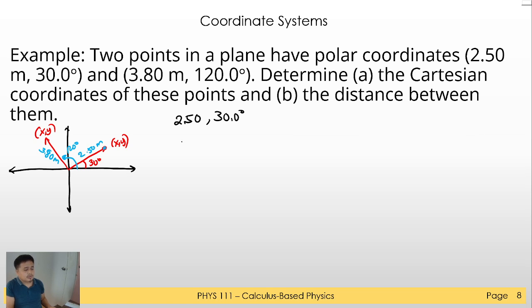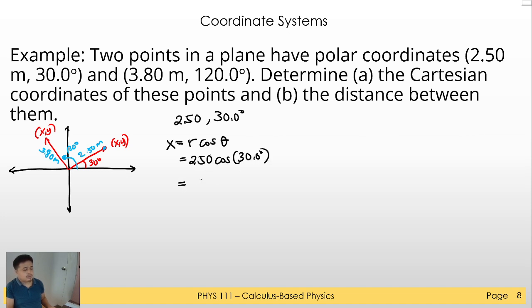To solve for its x, y, we have x equal to r cosine theta, based on the last slides. So we have 2.5, and then cosine 30 degrees.